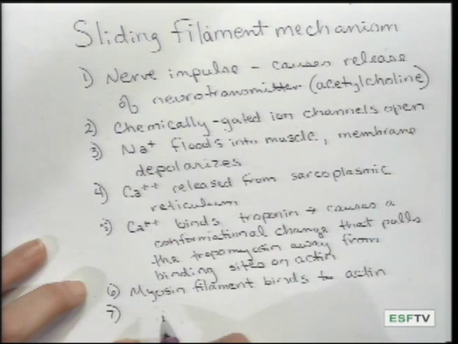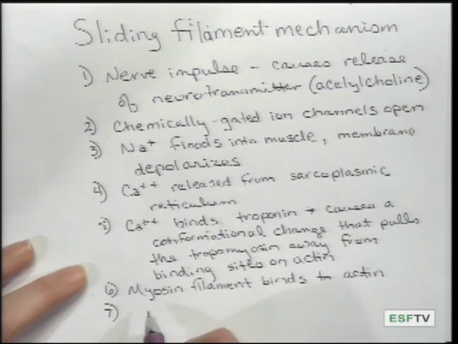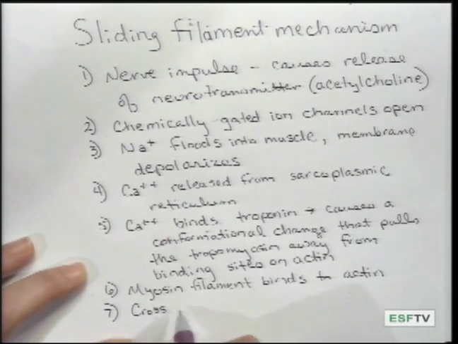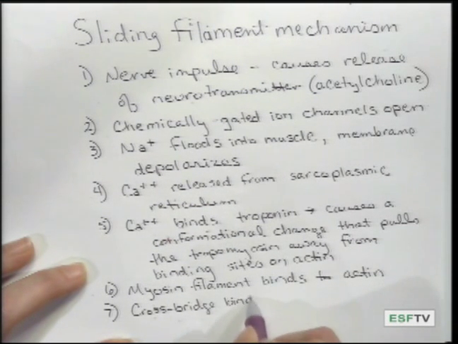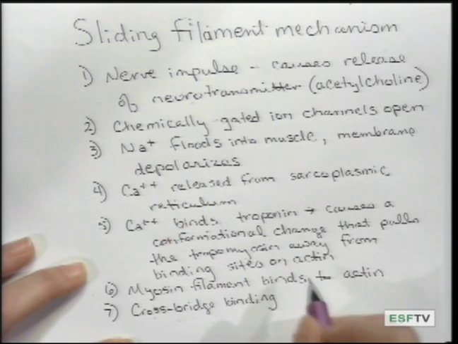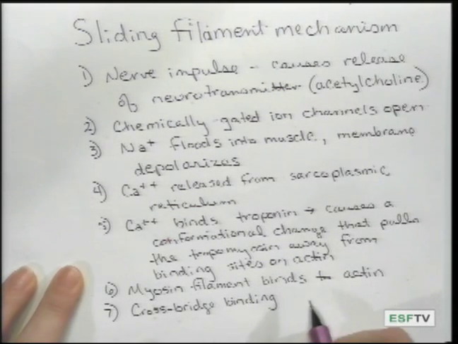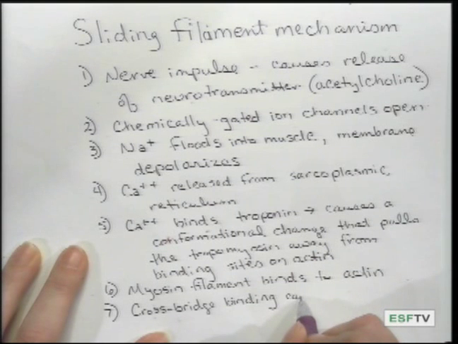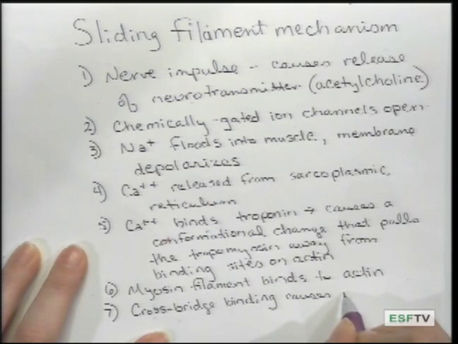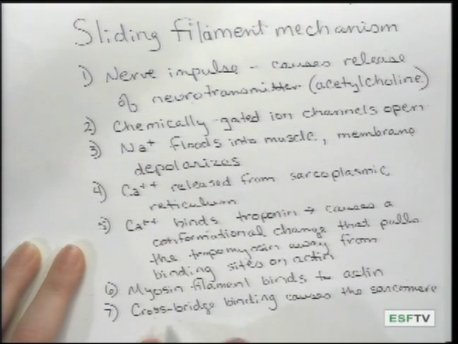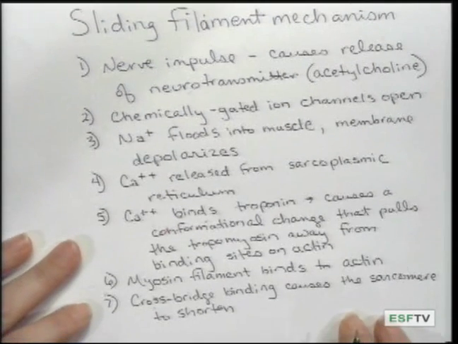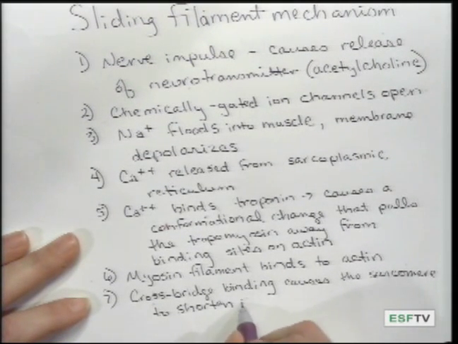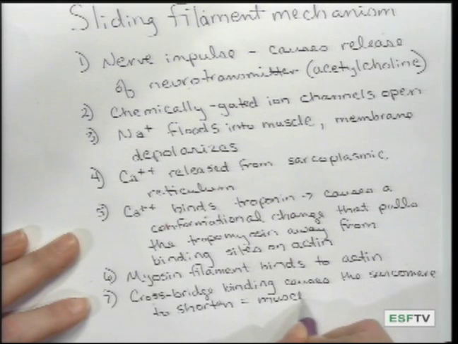And this ratcheting, or this cross bridge binding, causes the sarcomere to shorten, and that equals a muscle contraction.